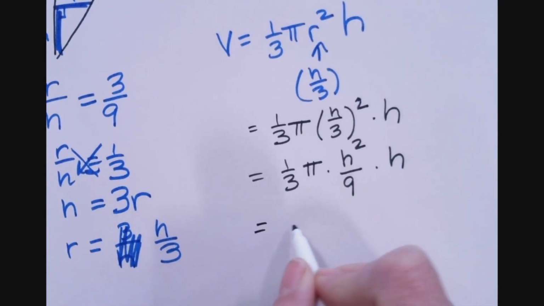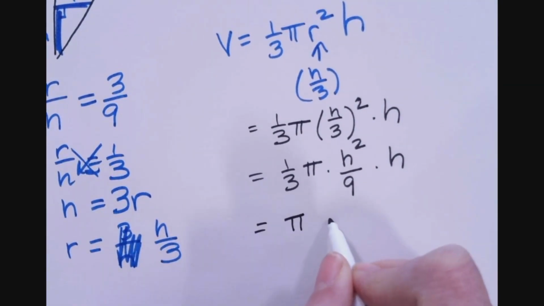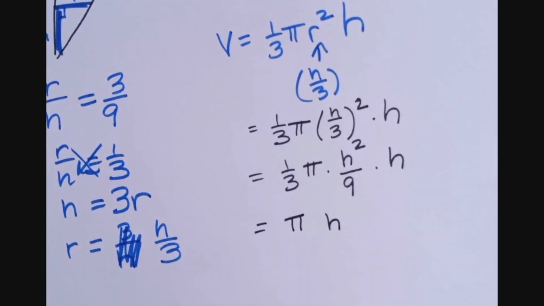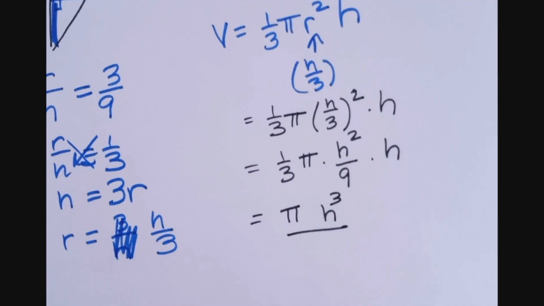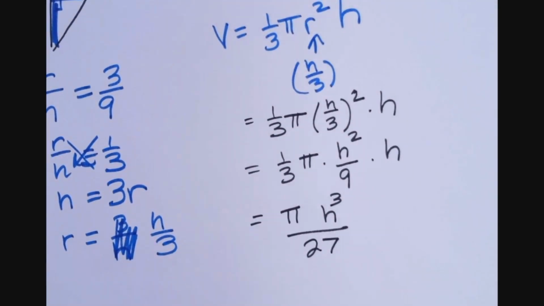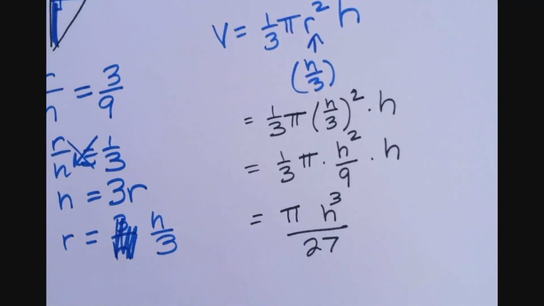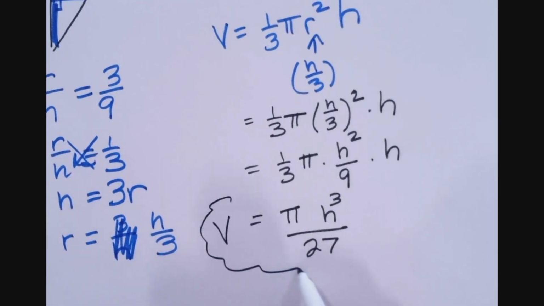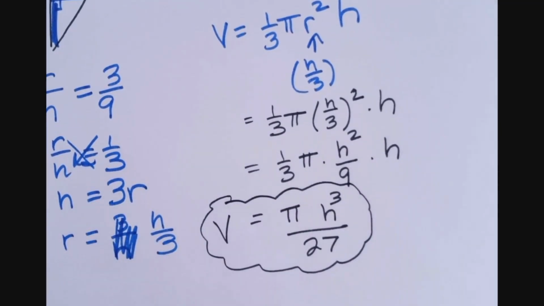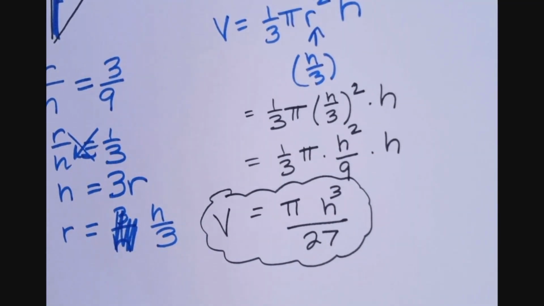So this is going to be pi times H cubed all over 27. That's my volume for this problem. That's going to be so much easier to work with.